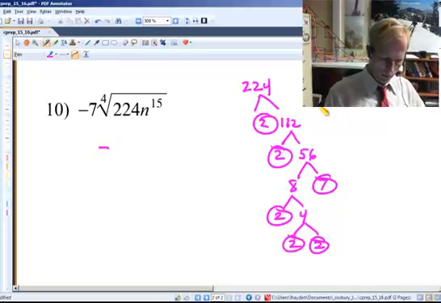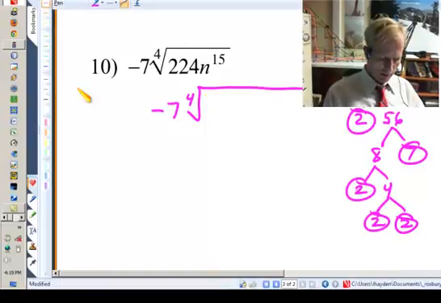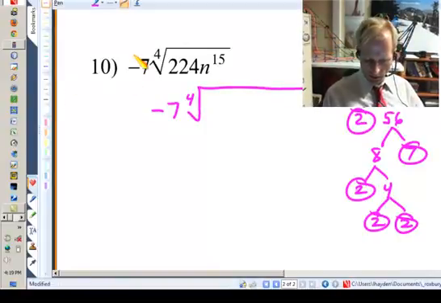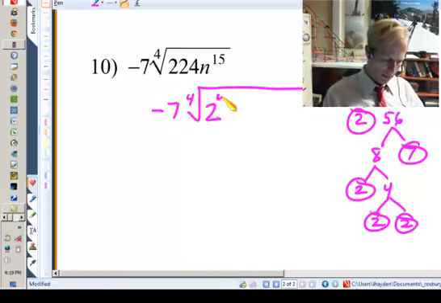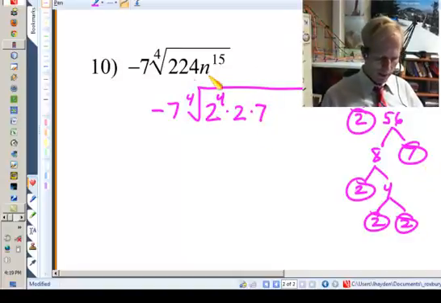Okay, so I'm going to rewrite my problem as, let's see, 224, it's 2 to the 5th, however I'm talking about the 4th root, so I'm going to write that as 2 to the 4th times 2, and that's times 7, and then the 4th root of n to the 15.